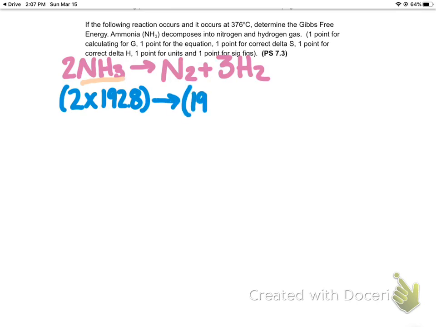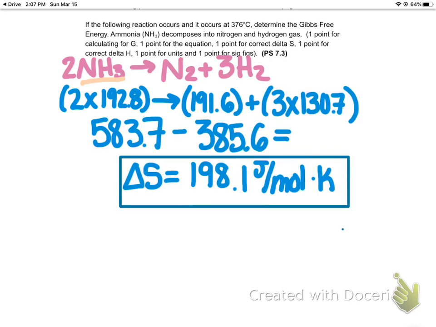And then I have my delta S of my nitrogen, plus 3 times the delta S of my hydrogen. Okay, I would go ahead and solve for those. On my product side, I get 583.7. On my reactant side, I get 385.6. When we subtract those, I get a delta S of 198.1.